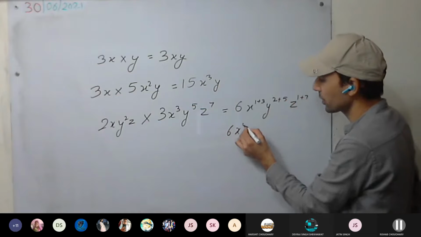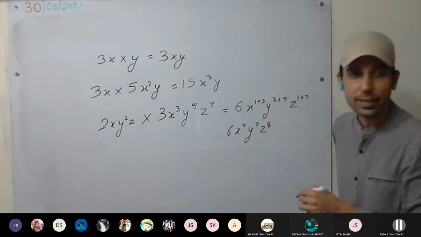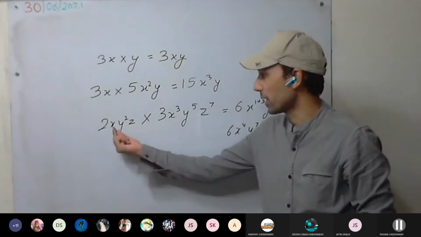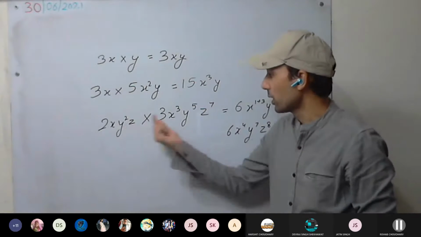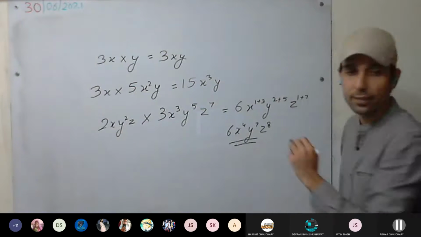So it is 6x raised to power 4, y raised to power 7 and z raised to power 8. You can do it straightforward as well. This is clear.